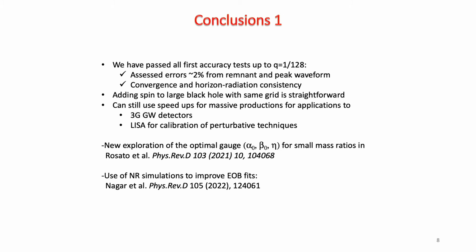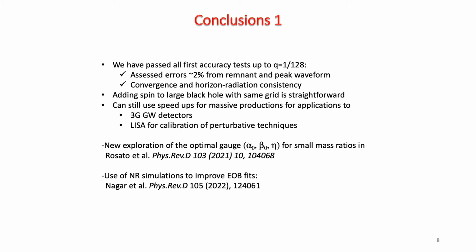We have assessed also errors for the remnant quantities and peak waveform quantities as extrapolated from more compatible mass ratios, and found that our studies correspond to errors at most of 2%.